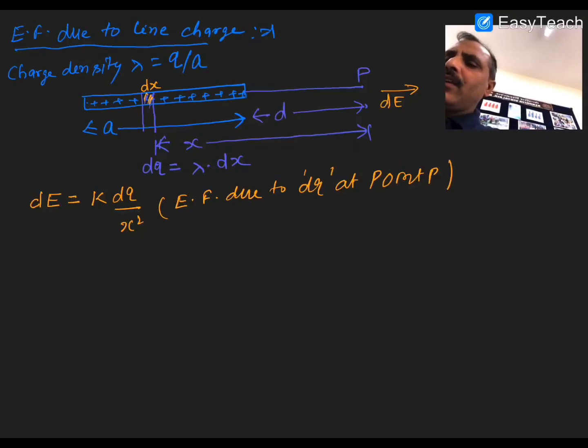We consider another small portion dx, and find the electric field at point P due to this portion as well. Again the direction of the electric field is away from the positive charge.